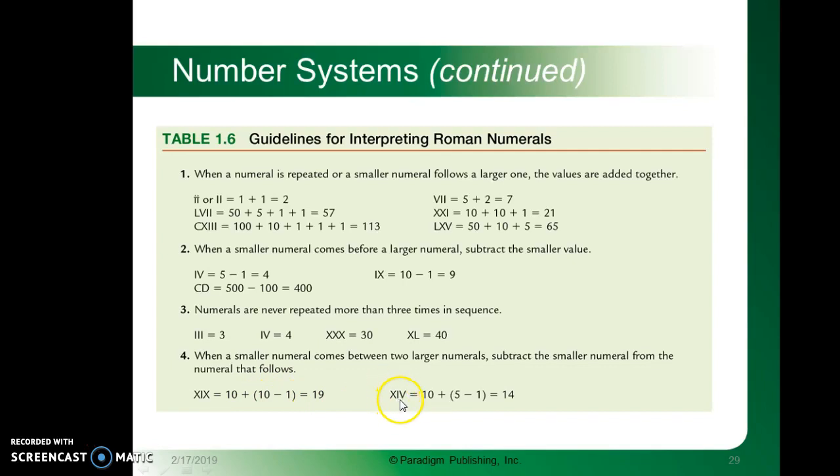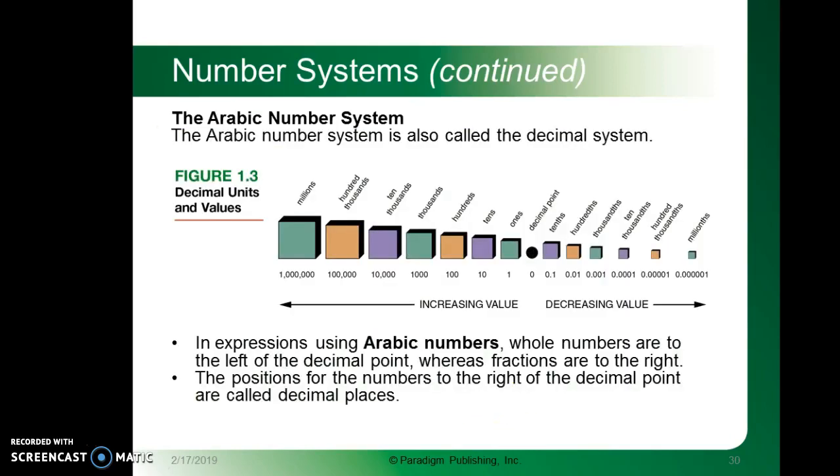Here you have X IV. Again, I is smaller than X and V, it's between two bigger numbers. So you're going to subtract the 5 and the 1. You're not going to subtract 10 minus 1. Okay? So 5 minus 1 is 4, and then plus 10 equals 14. So make sure you keep those guidelines in mind.